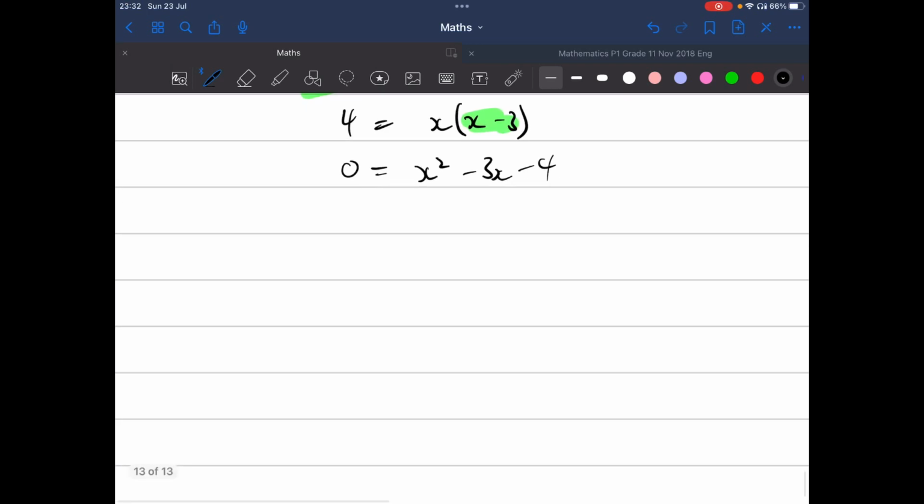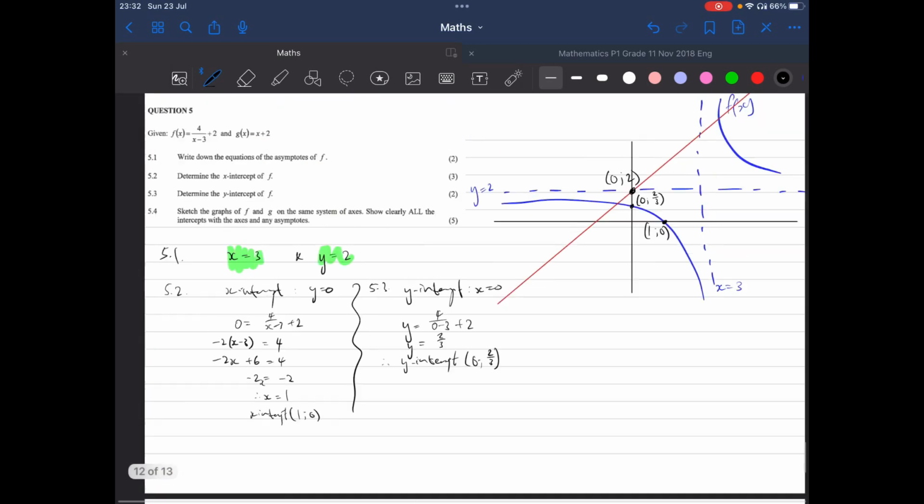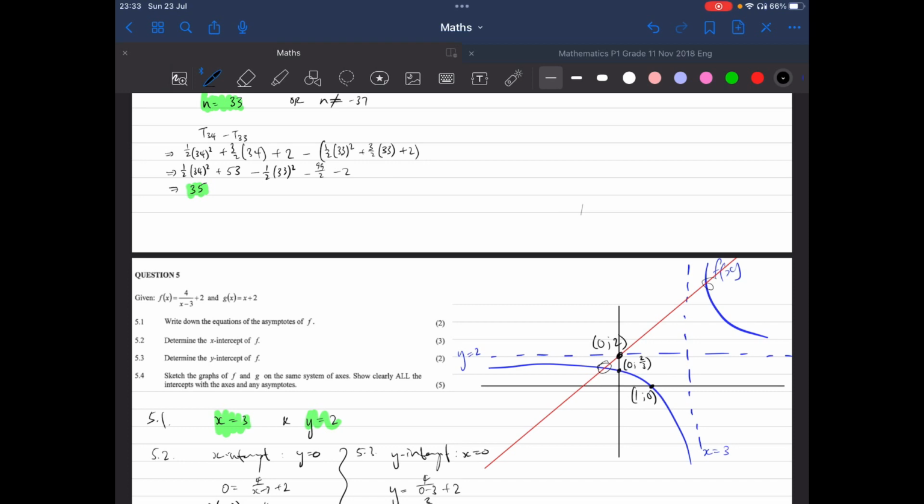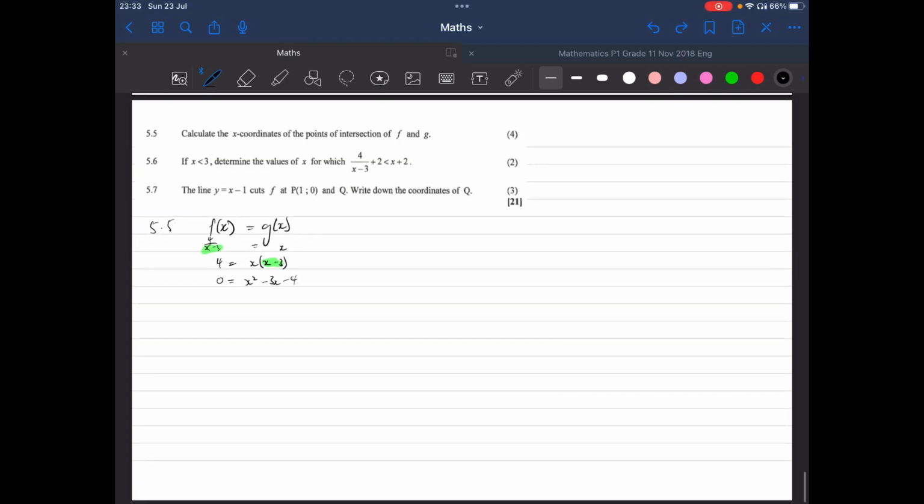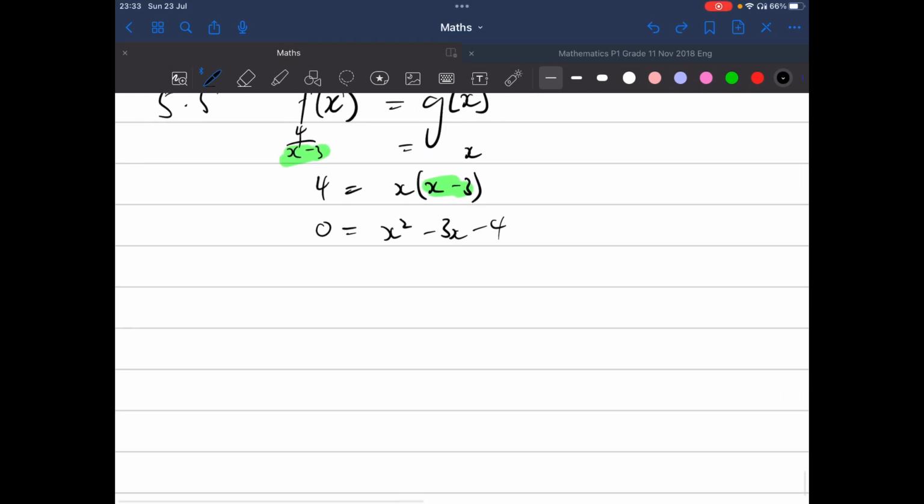Now you can see we just have a quadratic equation to solve, and that makes sense. We'll have 2 x values because we have 2 points of intersection. Let's quickly solve that. Remember, to factorize this trinomial, we need to find 2 numbers that when I add them together I get minus 3, and when I multiply them together I get minus 4.